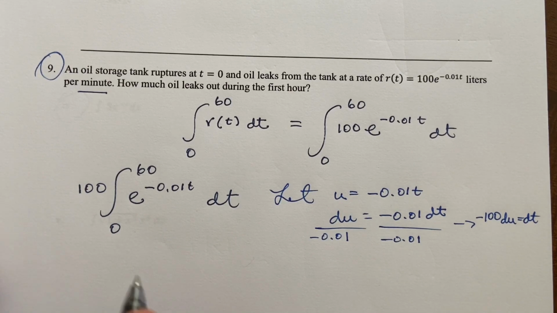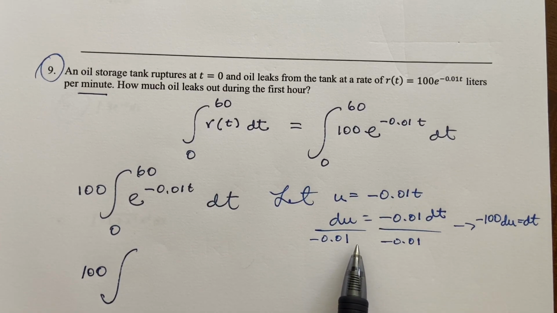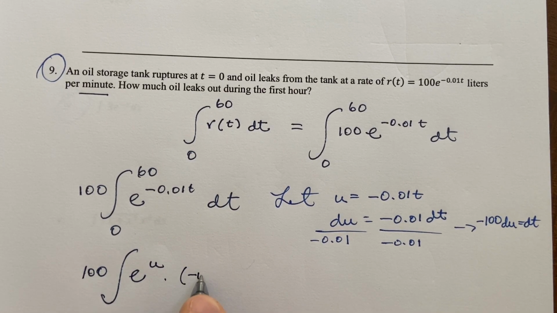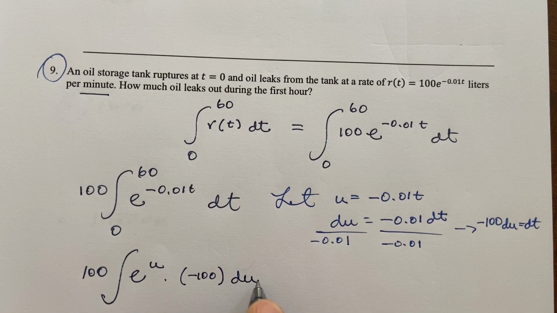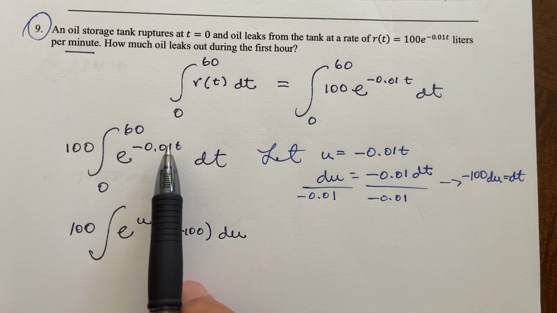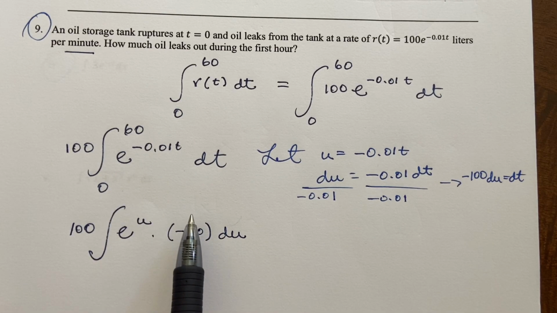So in other words, this new integral with respect to u will look like e to the u, and then times negative 100 du. And what we've been able to do is, if we want to just stick with the original limits of integration, we can do that.